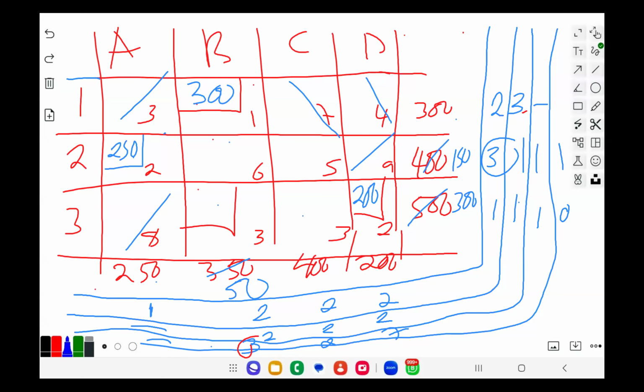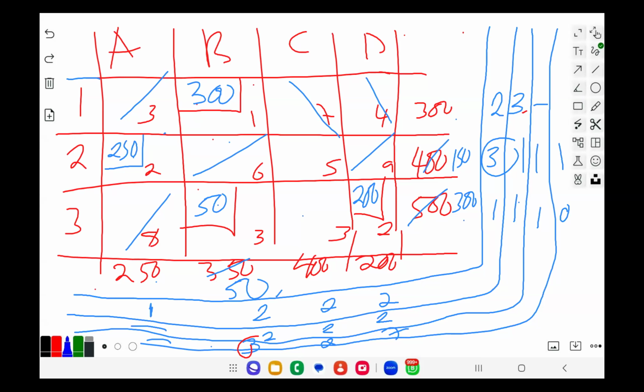And then there is 50 versus 300. So you just put 50. This 50 was the maximum in terms of the destinations under B, so you cancel this one, isn't it? Now we have remained with only one column and one row.